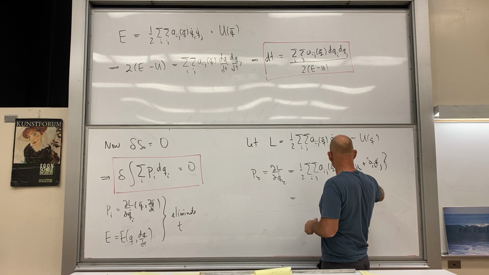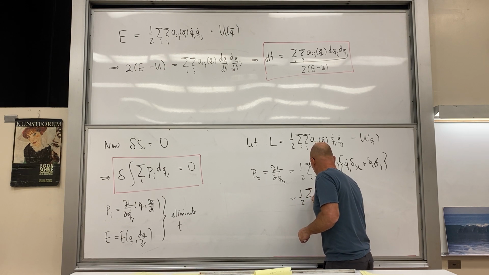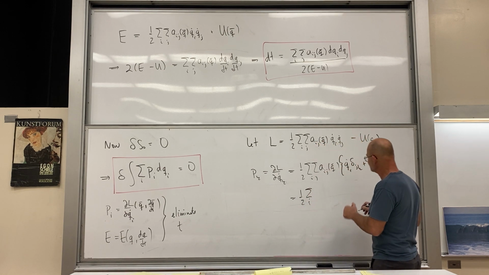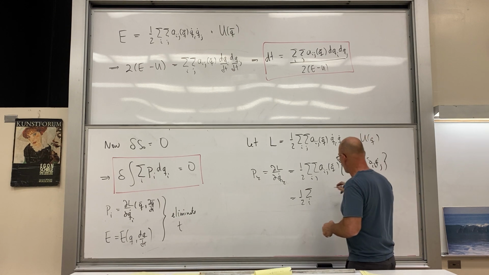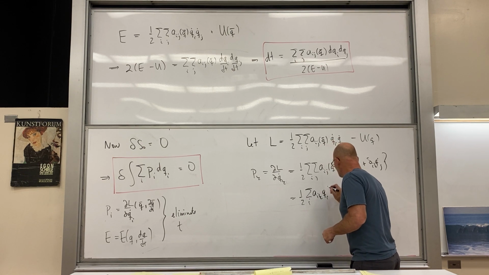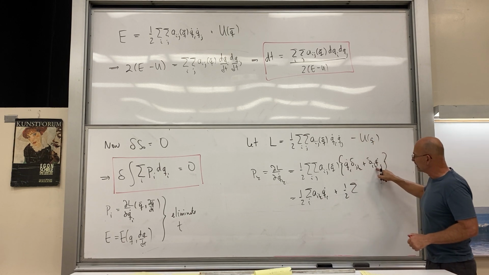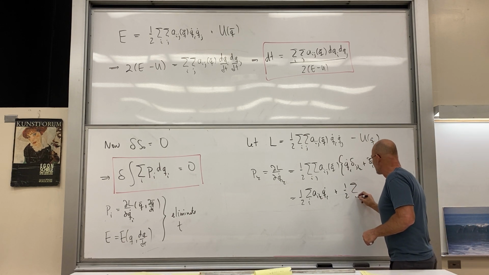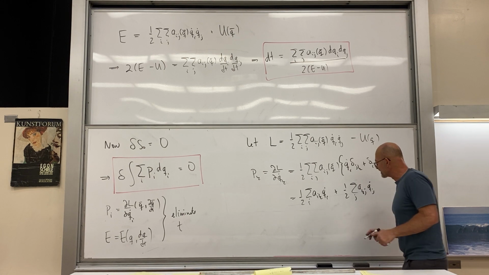So the first one, when j is equal to k, 1/2 sum over i, a_ik q_i dot, and the second one, when i is equal to k, so sum over j, a_kj q_j dot.